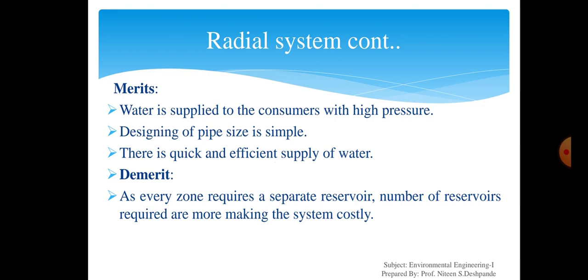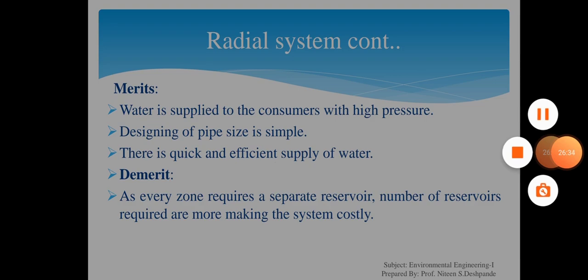Similarly, there are applications of the ring or circular system. The grid iron system is recommended for well planned cities. And for the radial system, we have seen its advantages, merits and demerits. Okay, so we will stop here, and in the next lecture we will continue this topic.